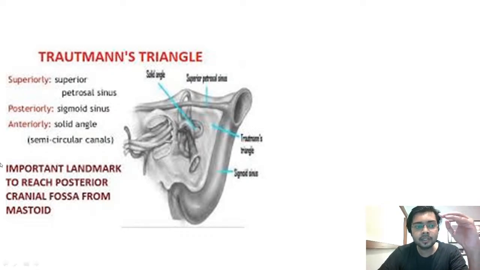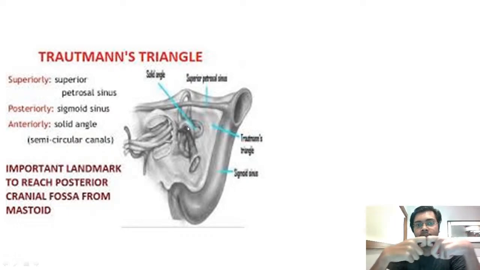The superior boundary is a sinus, that is superior petrosal sinus. Posterior boundary is sigmoid sinus. This arrow shows you the sigmoid sinus. Anteriorly is the solid angle.